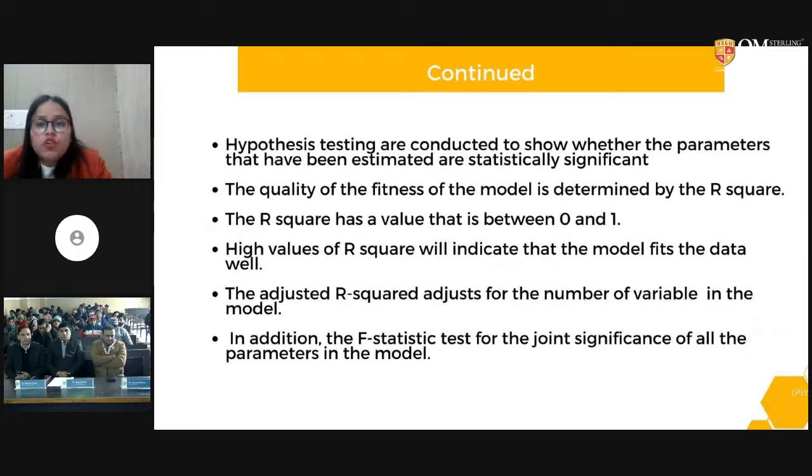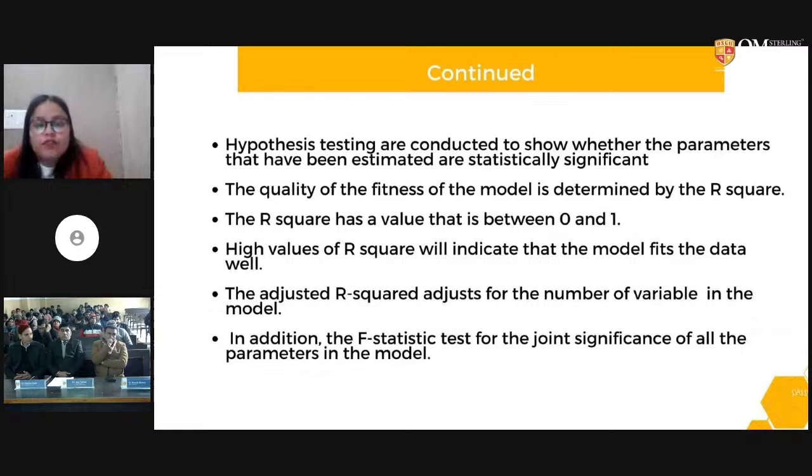When you have more than one independent variable, when you are running multiple regression analysis, you have to focus on the adjusted R square, which adjusts for the number of independent variables you have included in the model. Then we also have the F statistic test.